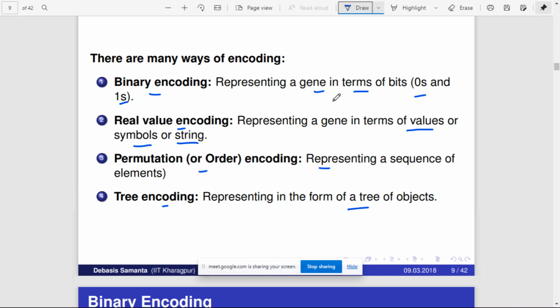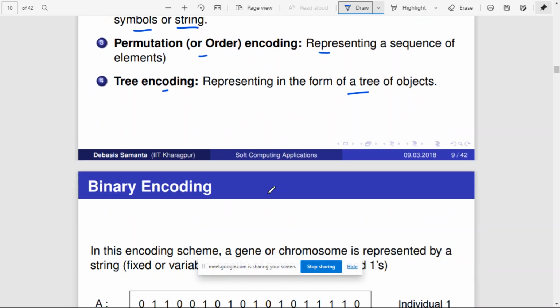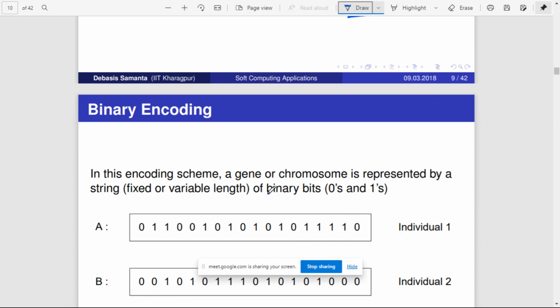In binary encoding, the gene is represented as zeros and ones. In real value encoding, the gene is represented in terms of values, symbols or strings. In order encoding, it is represented as a sequence of elements, that is, in what order we are going to arrange it. That decides the solution. In tree encoding, the gene is represented in the form of a tree. So let us start with binary encoding.